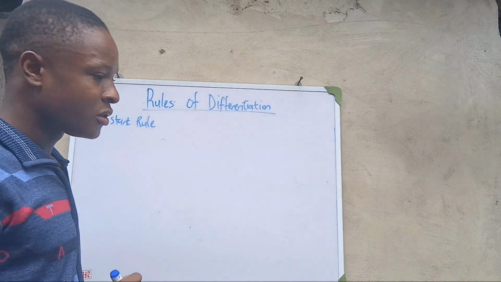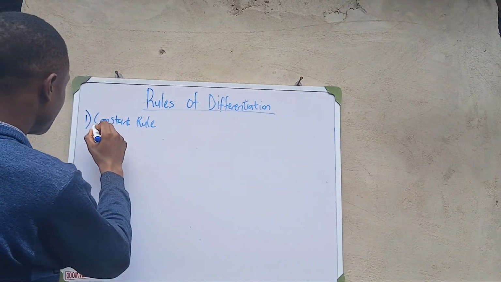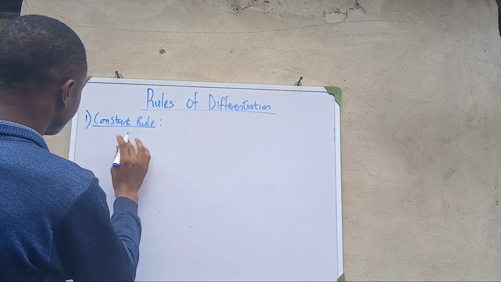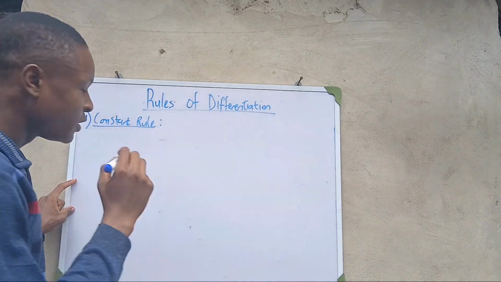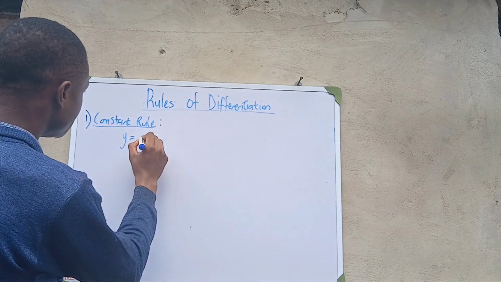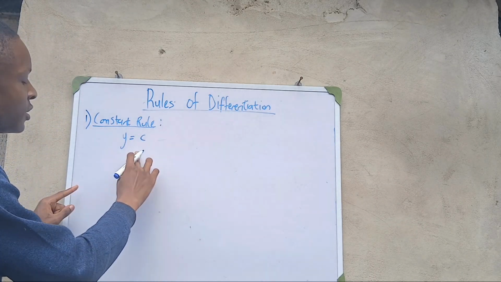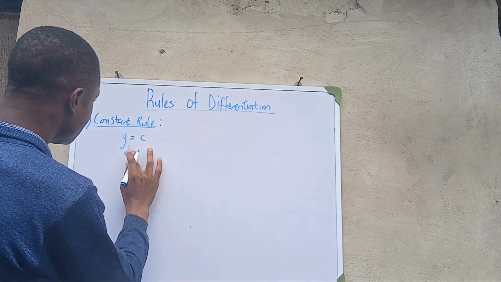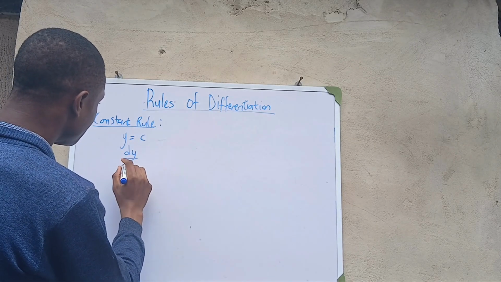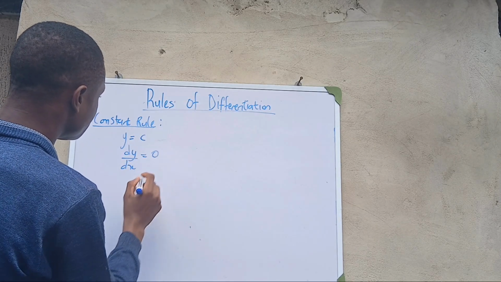The first rule is the constant rule. This rule states that for a function, say y equals c, that is, y is equal to a constant, then dy over dx is equal to 0.